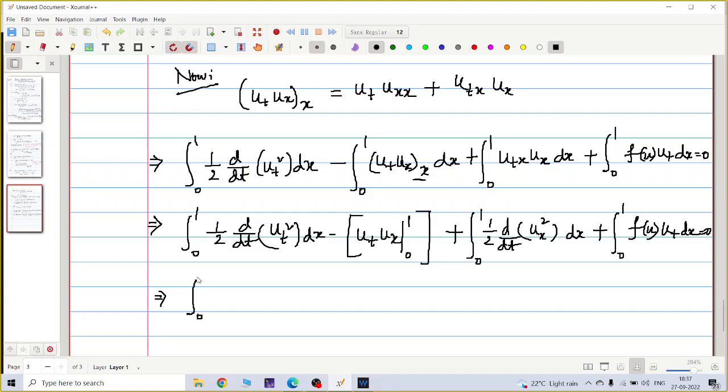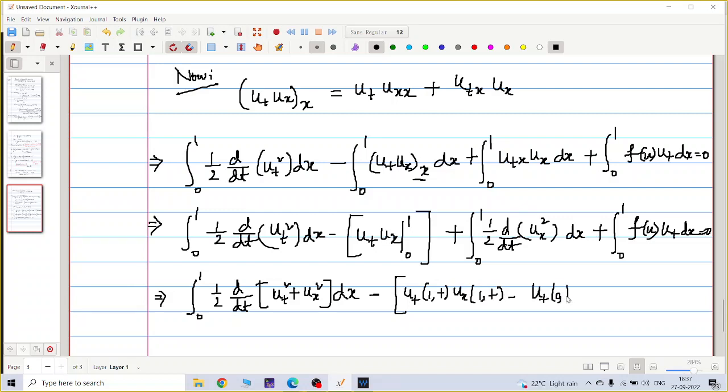So this is integral of d/dt of half of ut square plus ux square dx minus ut at 1, t into ux at 1, t, minus ut at 0, t into ux at 0, t. So all these are 0 because it is given that.